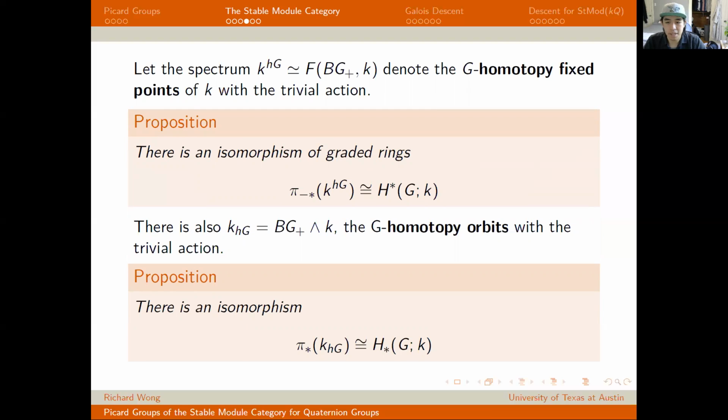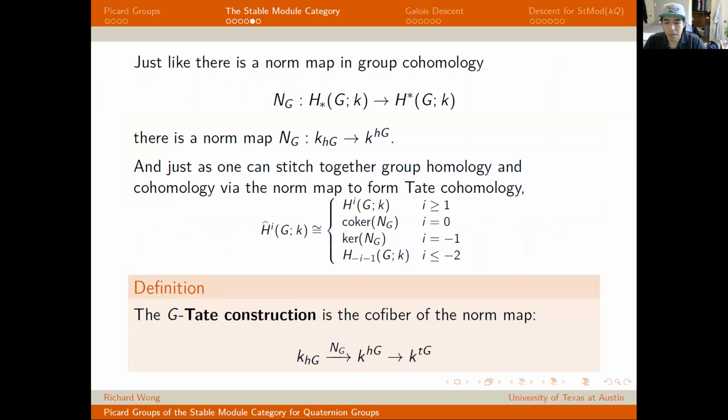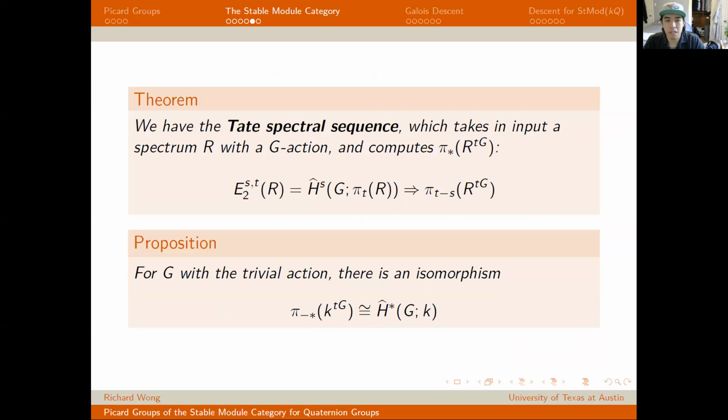If G acts on the Eilenberg-MacLane spectrum K, we can form the G homotopy fixed points as well as the G homotopy orbits. There is a norm map from the homotopy orbits to the homotopy fixed points, and the G Tate construction is the cofiber of this norm map. Most importantly, we can compute the homotopy groups of the Tate construction using the Tate spectral sequence.